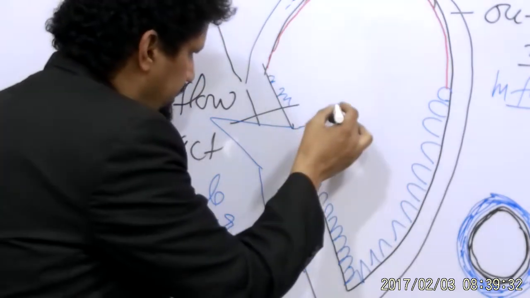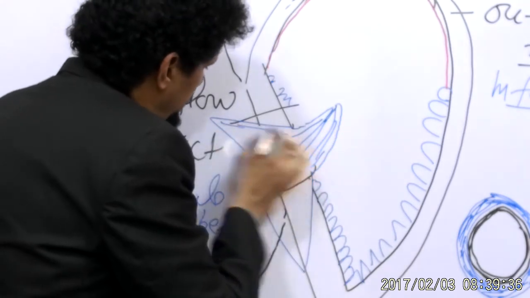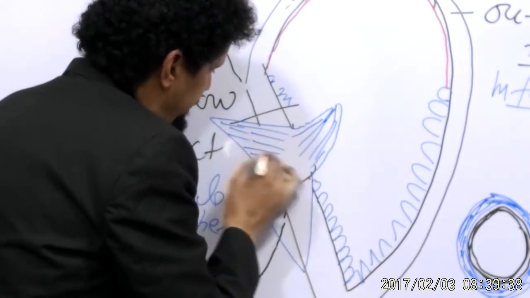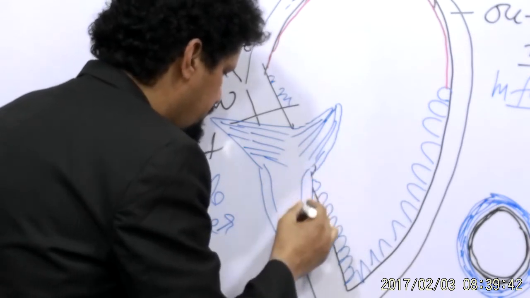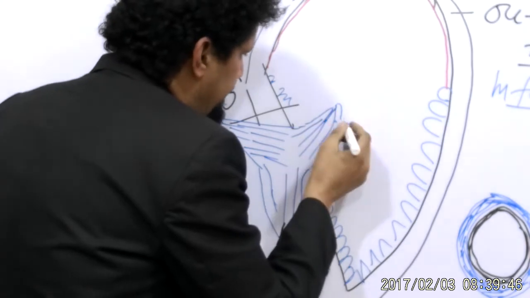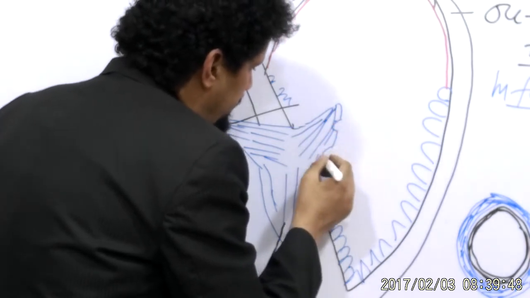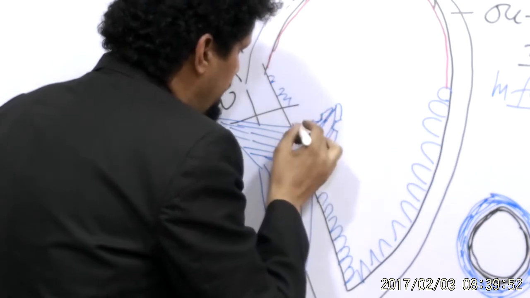So it is having three cusps or three leaflets, almost triangular in shape, and having indentation on their free margins known as commissure.